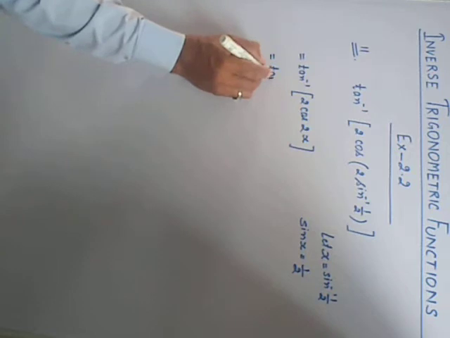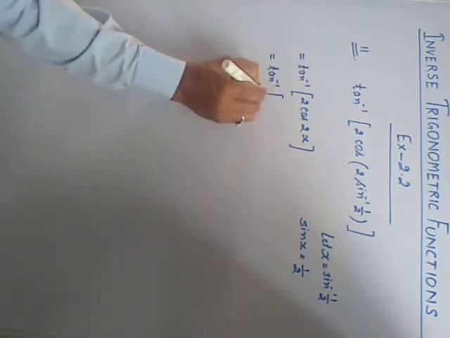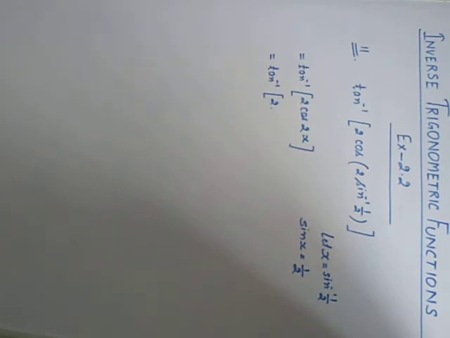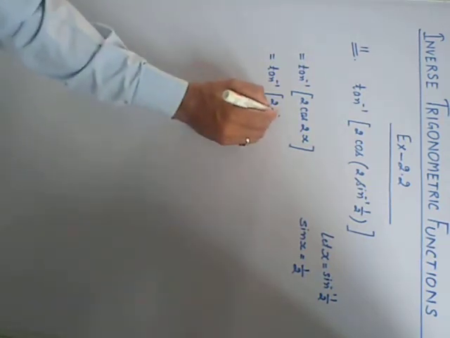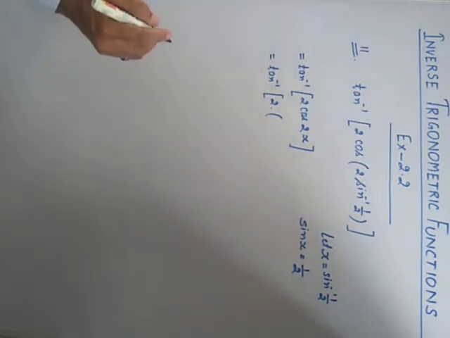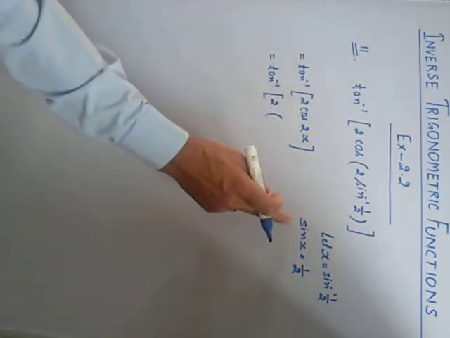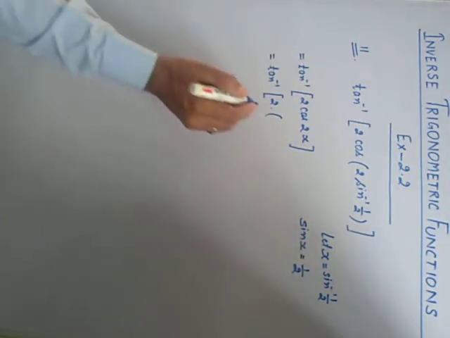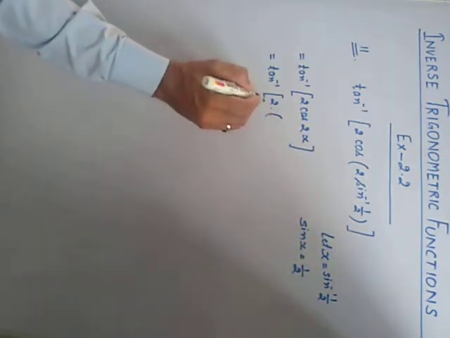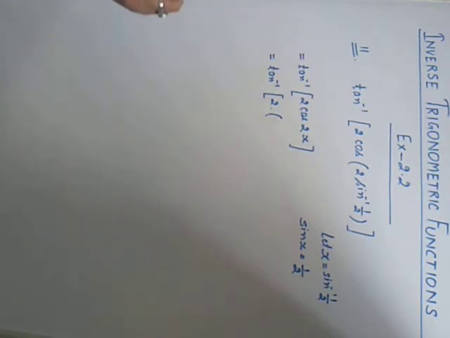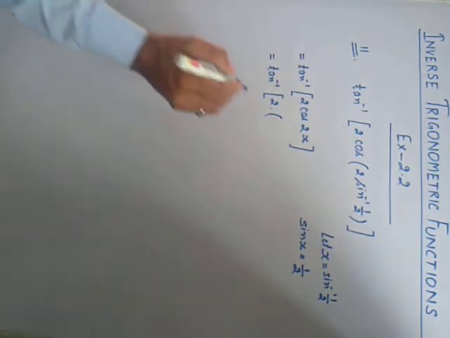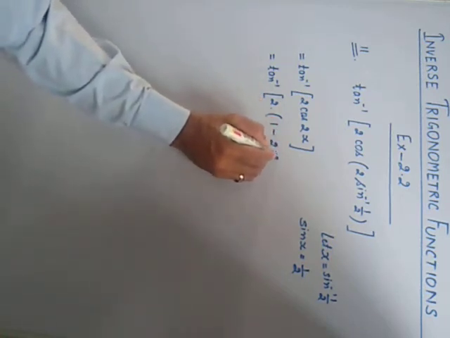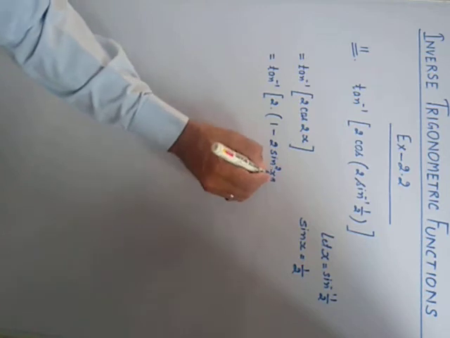Now tan inverse 2 will remain as it is. In place of cos 2x we will write the formula, because there are three formulas. But since we have assumed that x equals sin inverse 1 by 2, we will write the formula of sin x. Cos 2x equals 1 minus 2 sin square x.